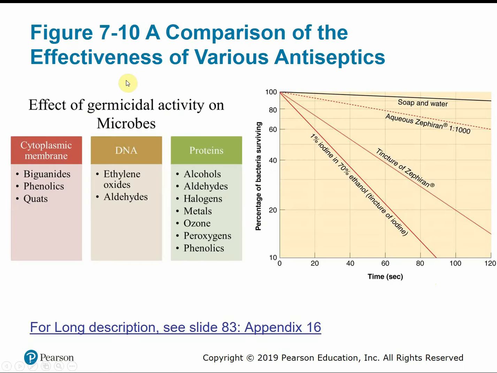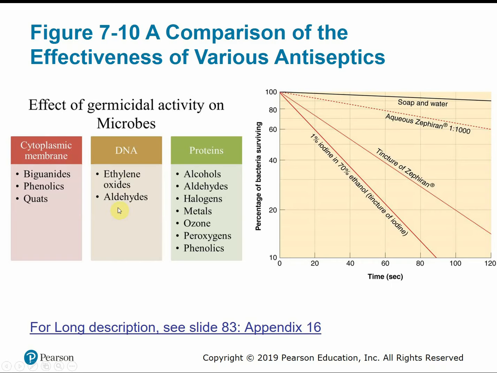Comparing the effectiveness of various antiseptics: different types of antimicrobial agents will have their own specialization or planned mechanism of action, and different disinfectants will have different levels of effectiveness against different types of microorganisms. Biguanides, phenolics, and quats primarily target the plasma membrane.